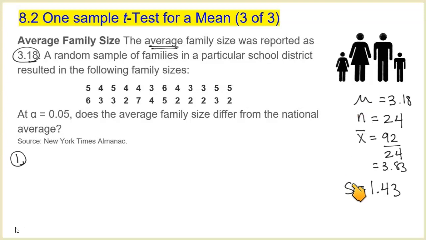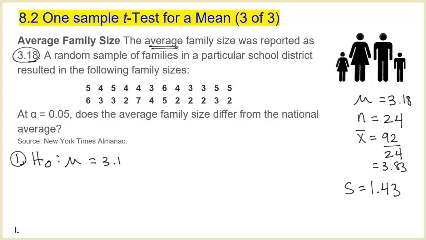So this is the information I need, mainly to calculate the test statistic, but also, as long as we can identify the population average, this value here is always our null hypothesis. There's no difference in the means.